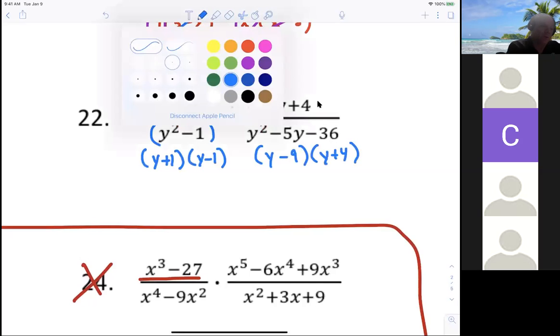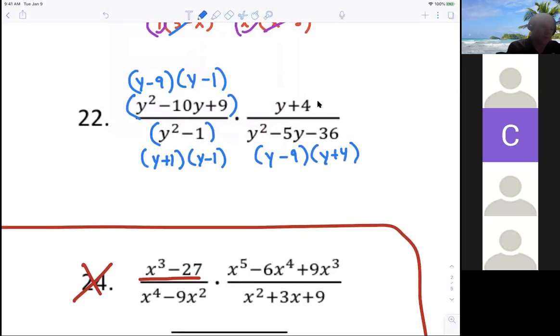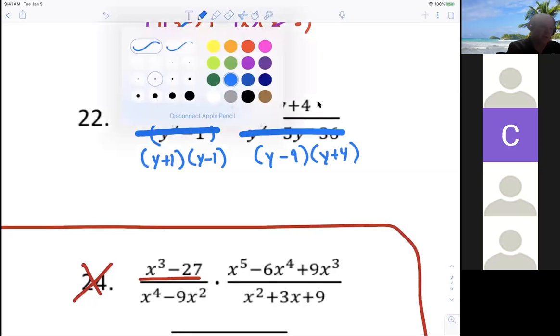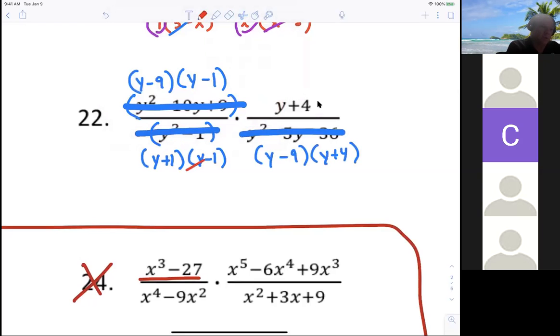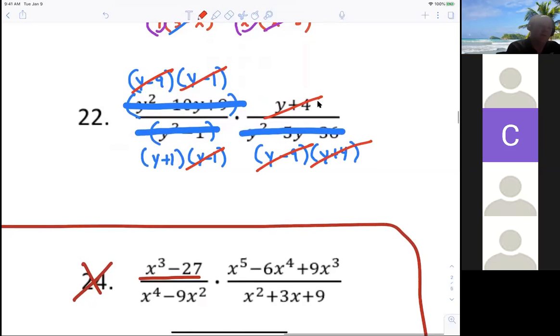Again, I'm going to make this a little thicker. Now this I don't need to look at, this I don't need to look at. So now y minus 1, y minus 1, y plus 4, y plus 4, y minus 9, y minus 9. Now notice, everything in the numerator canceled. If everything in the numerator canceled, there's a 1.